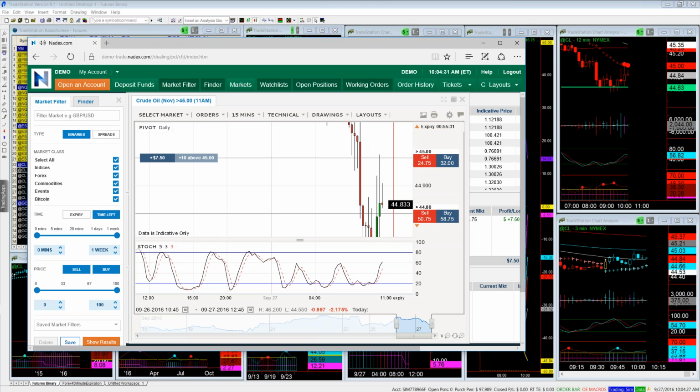I love hidden divergence. I can trade that all day long. And we've done 3 trades this morning, and it hasn't been a busy morning at all.